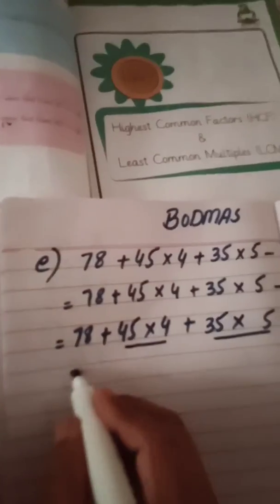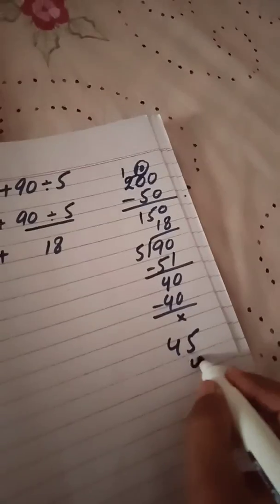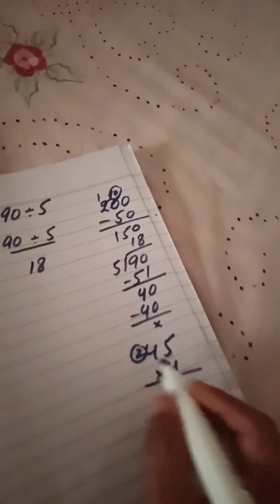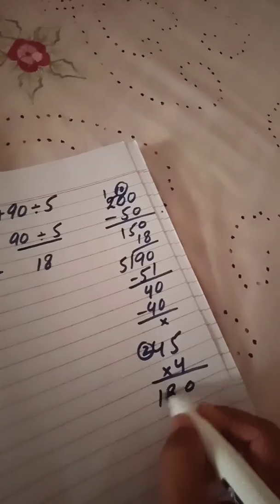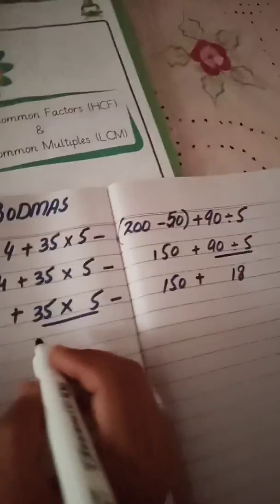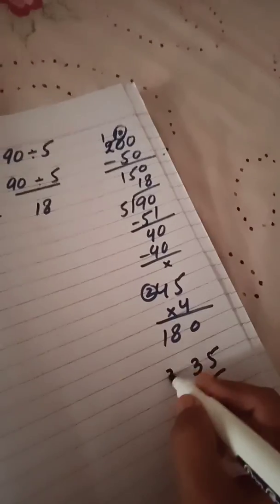So come with me. 45 multiply 4: 4 5s are 20, 2 is carry here, 4 4s are 16, 17 and 18, so 180. So we write here 180. When we multiply 35 with 5, the answer is: 5 5s are 25, 5 3s are 15 and 2 is 17.